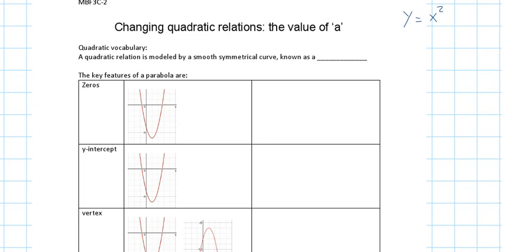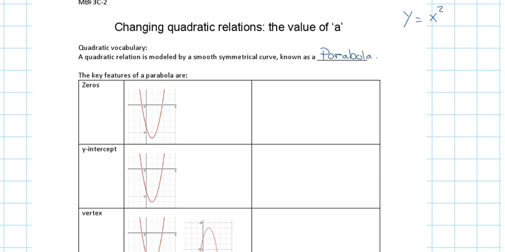So what did we say the graph of a quadratic function looks like yesterday? Parabola. That's right. So a parabola is the shape of a quadratic function. A quadratic relation is modeled by a smooth, symmetrical curve known as a parabola. Okay?